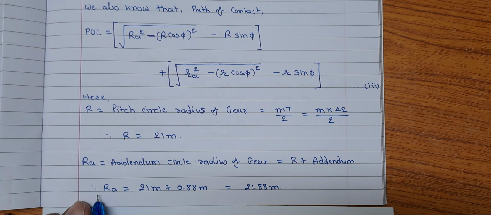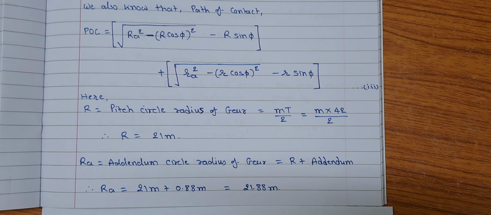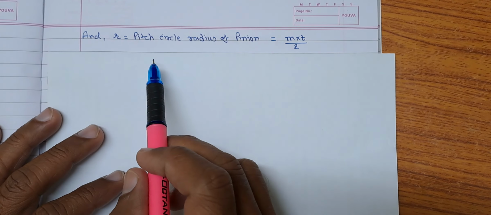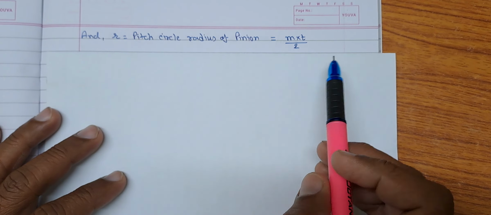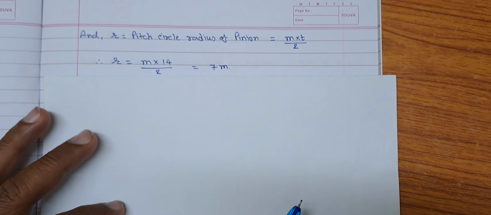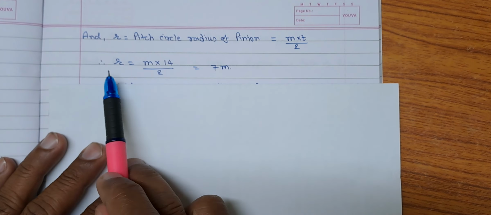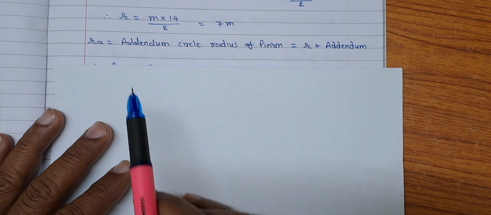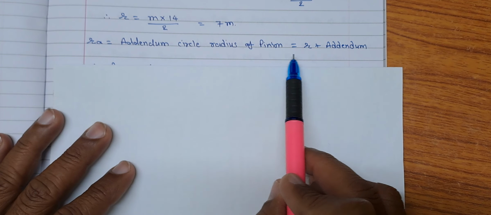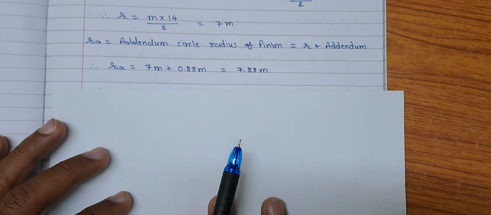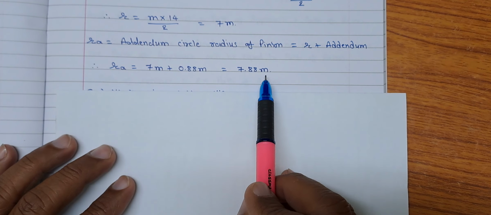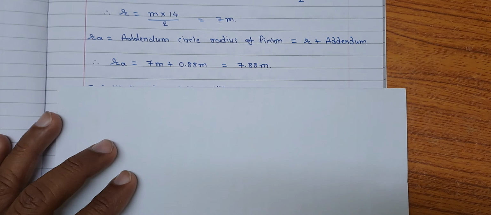On substitution of value, we found RA is equal to 21.88 module, and the small r is the pitch circle radius of pinion, given by this relation, and upon substitution of value, we found r is equal to 7 times module, and small ra is nothing but the addendum circle radius of pinion, that is r plus addendum, and on substitution of values we found ra is equal to 7.88 times module.